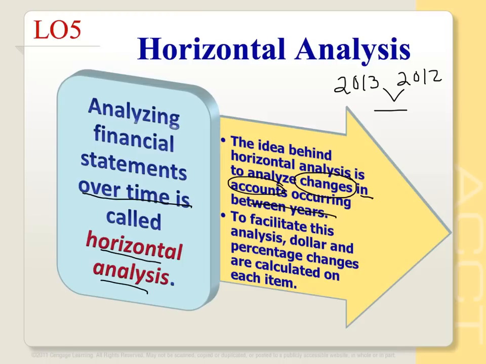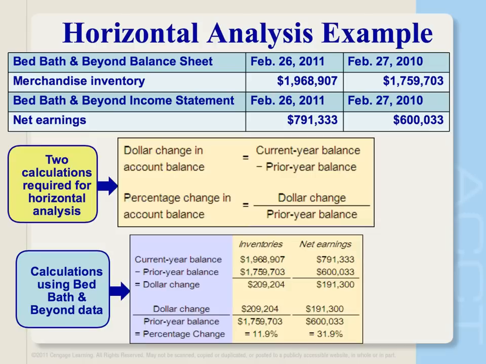We're going to look at the changes between the 2 years in the accounts and see if that might tell us a better story. To facilitate this analysis, a dollar and percentage change are calculated for each item. So let's go ahead and take a look at what that formula is.